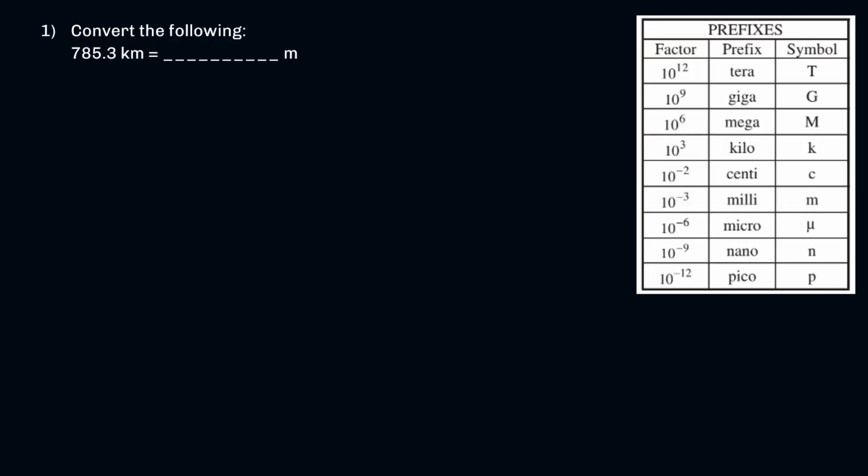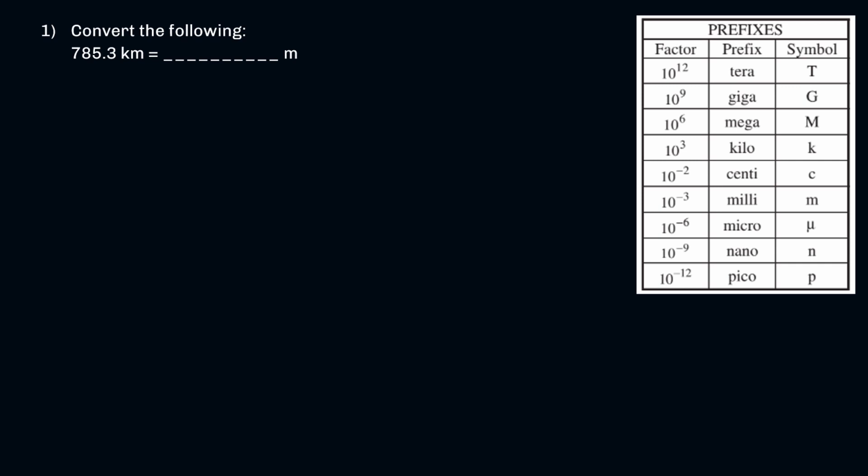All right, example number 1. We're just going to do a simple conversion, going from one distance to another. We're not worried about per second or anything like that for now. We have 785.3 kilometers is equal to whatever meters.